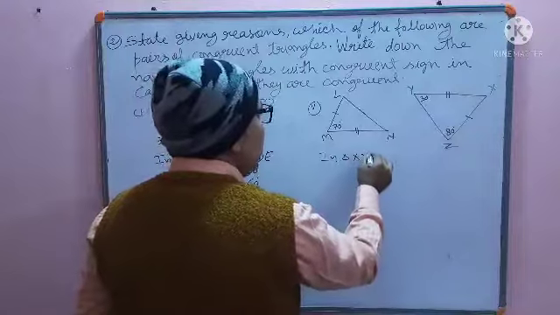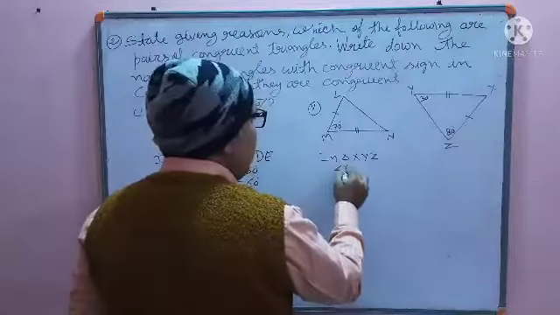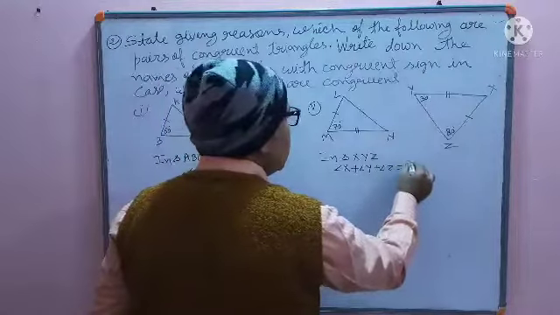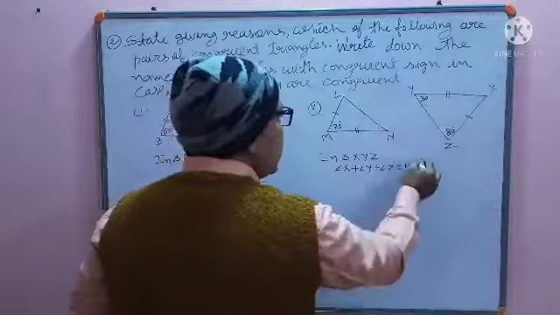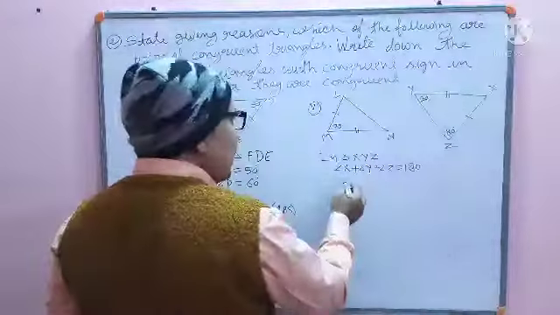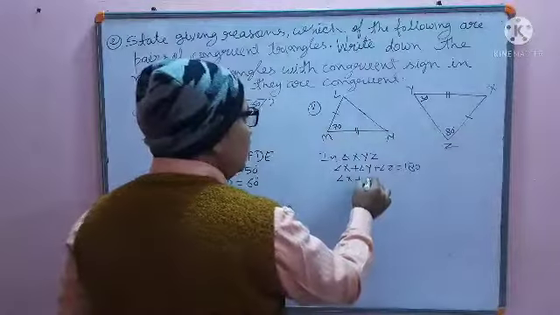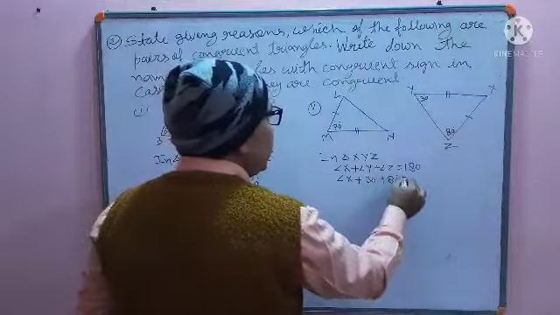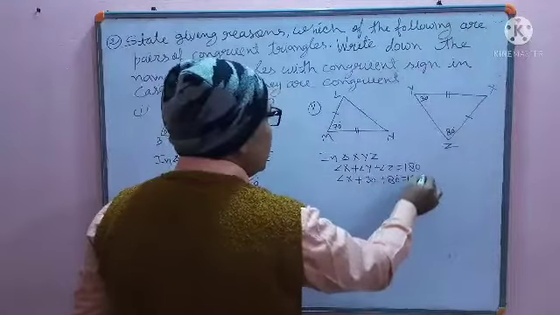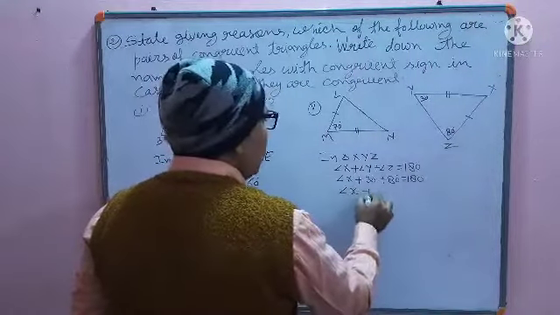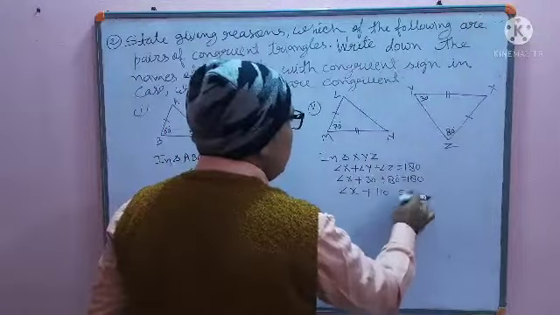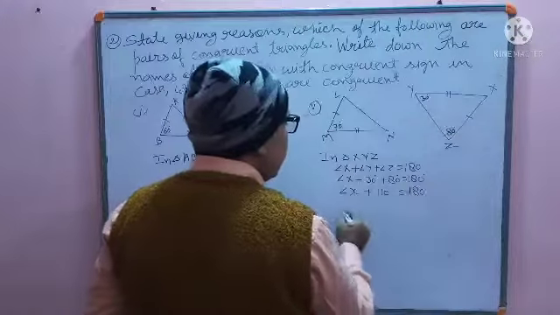In triangle XYZ, angle X plus angle Y plus angle Z is equal to 180 degree. This property we know. Angle X is not given. Angle Y is 30 degree. Angle Z is 80 degree. That means angle X plus 110 degree is equal to 180 degree.